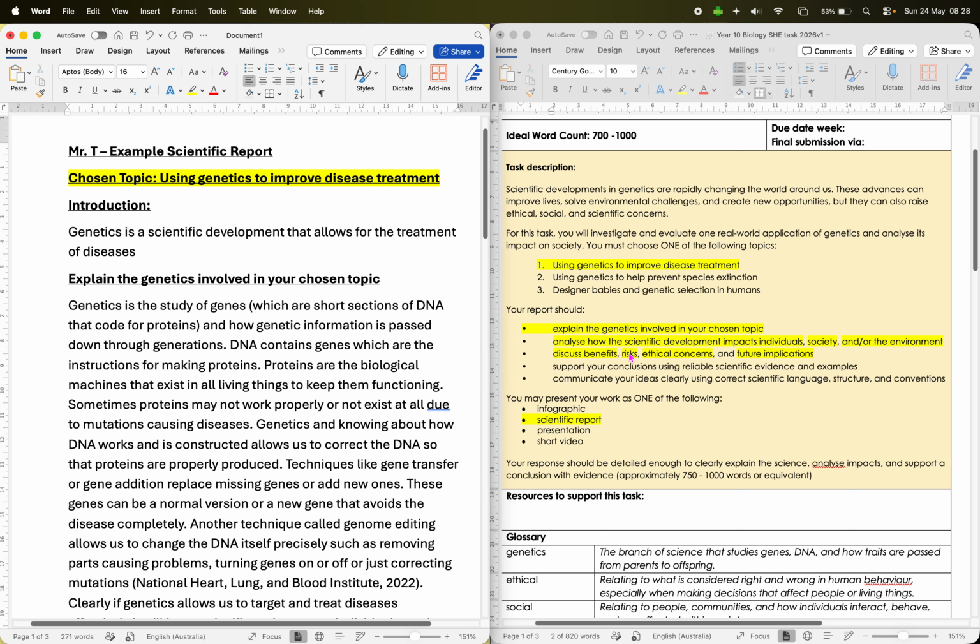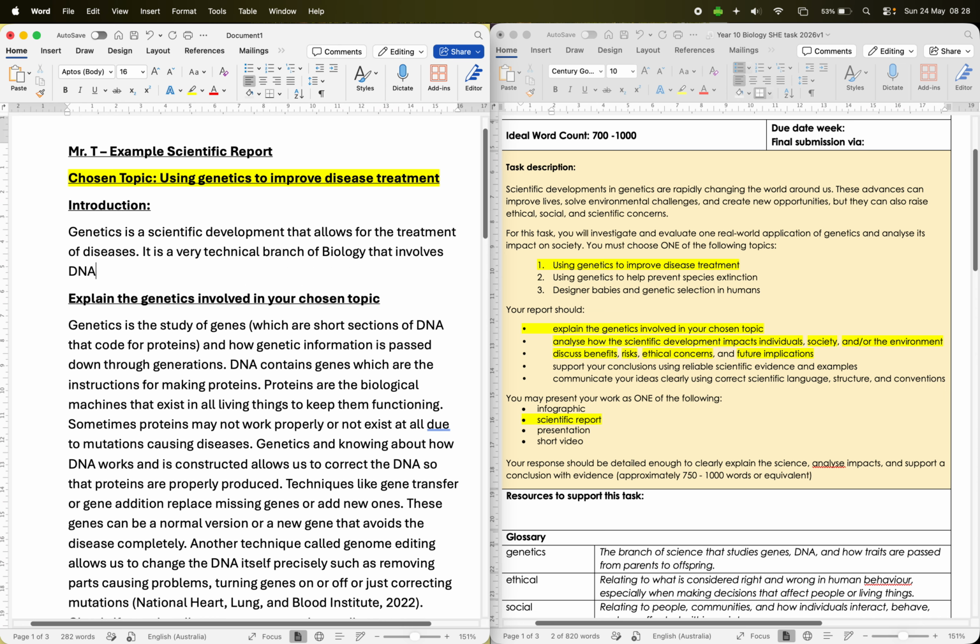It is a very technical branch of biology that involves DNA and proteins, so using some of the stuff that I've learned in class.